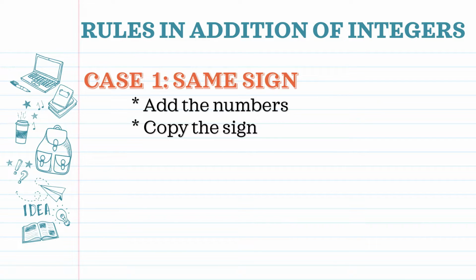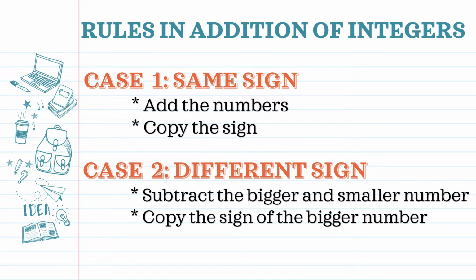So if you have two positive integers, after adding the numbers, you are going to copy the positive sign, and your answer will also have a positive sign. But if you have both negative integers, the answer will have a negative sign. That will be for case number 1, same sign.